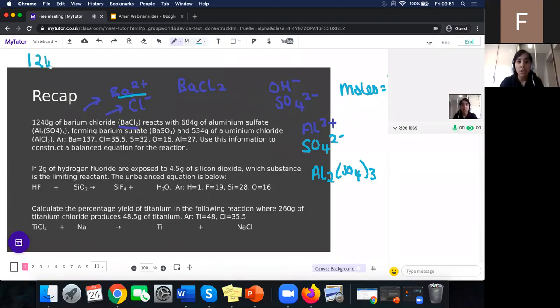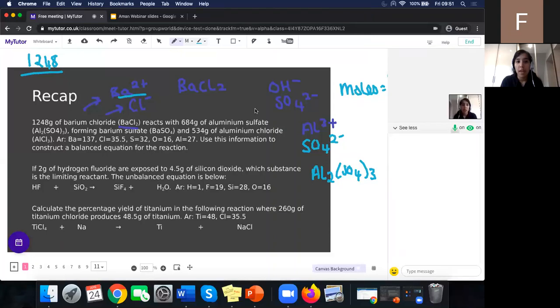1,248 divided by the MR of barium chloride. So how do we calculate the MR of barium chloride? What do we need to do to calculate the MR? Or what is the MR of barium chloride?